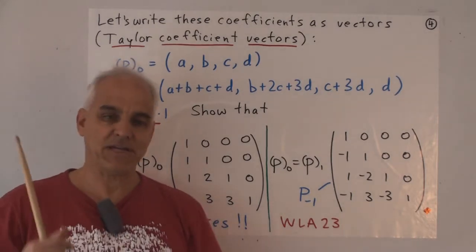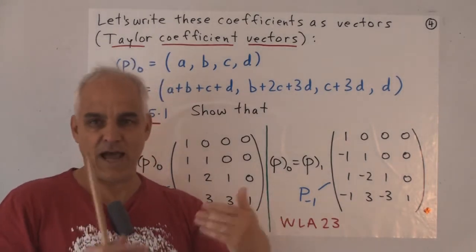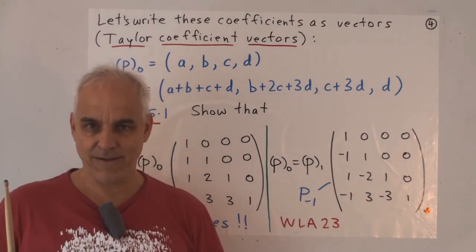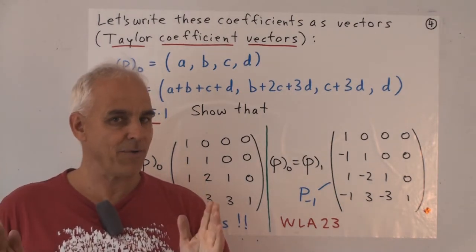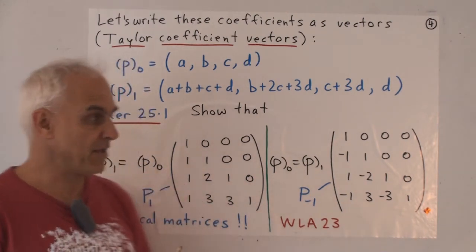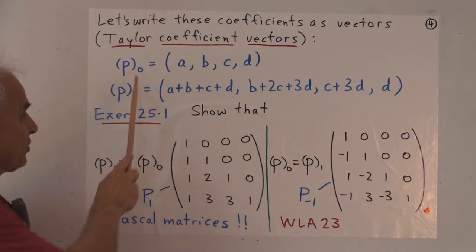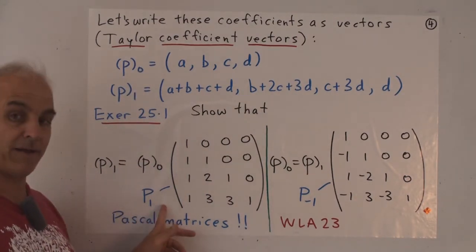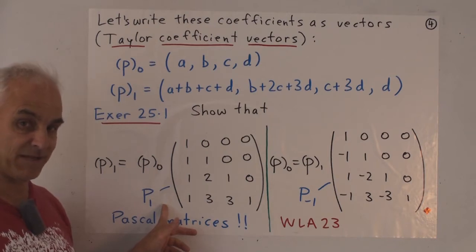So that business that we did when we had to substitute alpha is replaced with alpha plus 1, and then we made that calculation and so on. Now that we understand what's going on, we don't need to do that anymore. We just know that to go from the Taylor coefficient vector at 0 to the Taylor coefficient vector at 1, we just multiply by the Pascal matrix P sub 1.